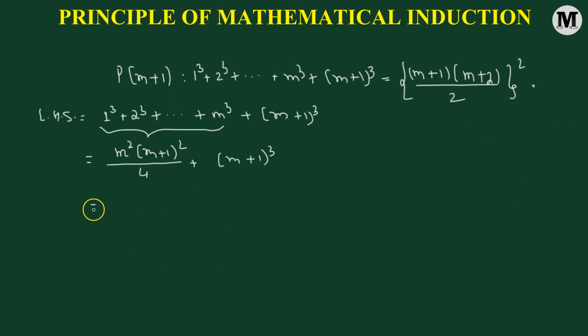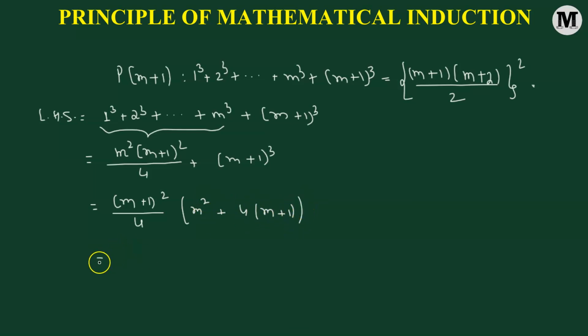Let's take m plus 1 whole squared as the common factor. We're also going to take 1 over 4 as the common factor. That means we are now left with m squared added to 4 times m plus 1.